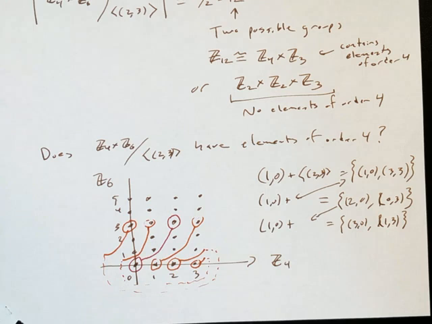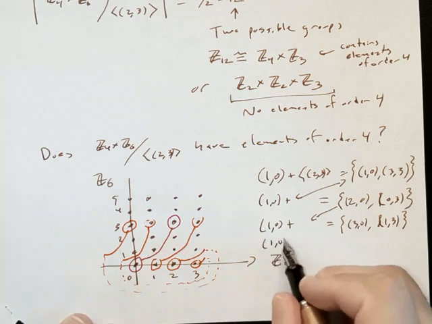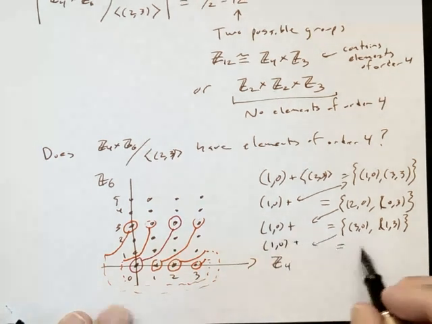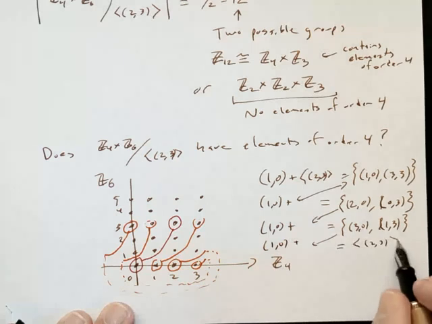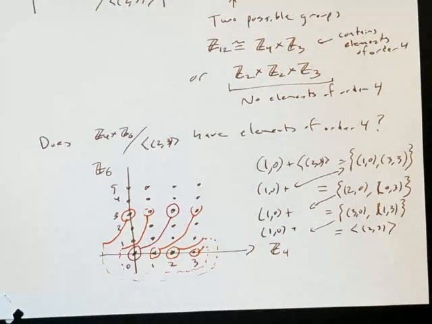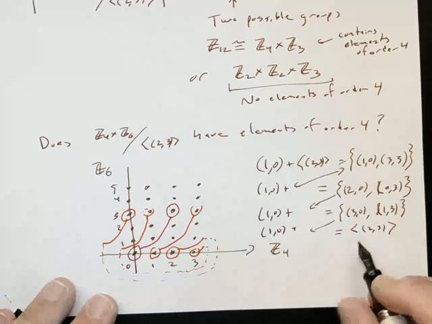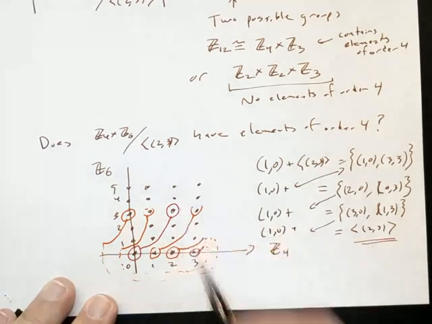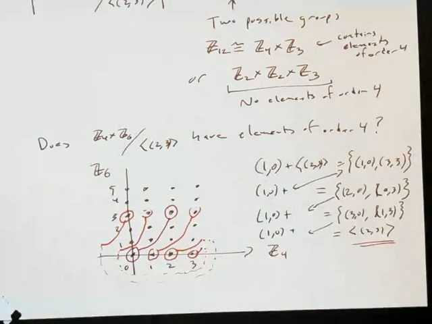What happens when I add it again? Go back where we started. Which means that is our normal subgroup. That's this one, the red one, as opposed to these orange ones. And if that's our normal subgroup, that plays the role of the identity in this group of cosets, which means I found a coset of order 4.